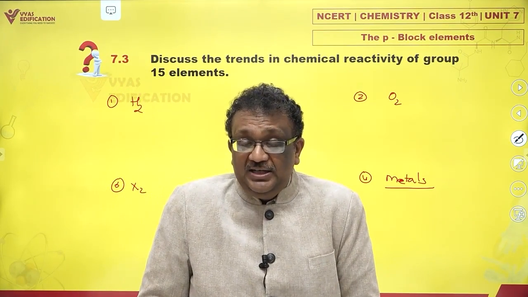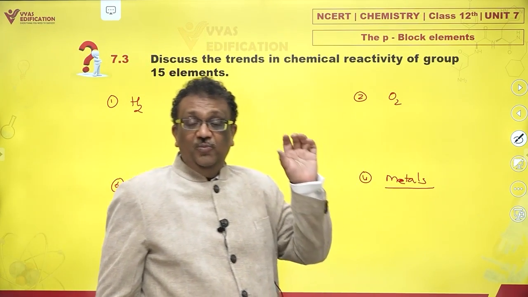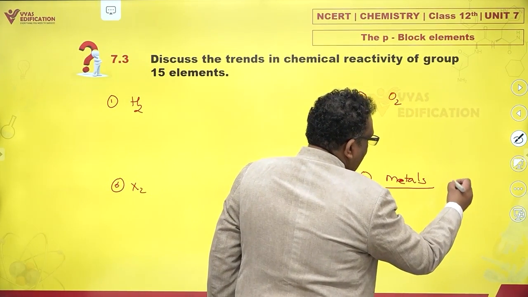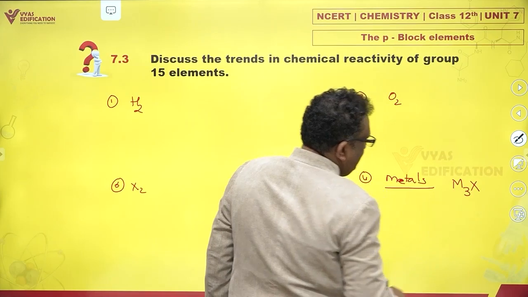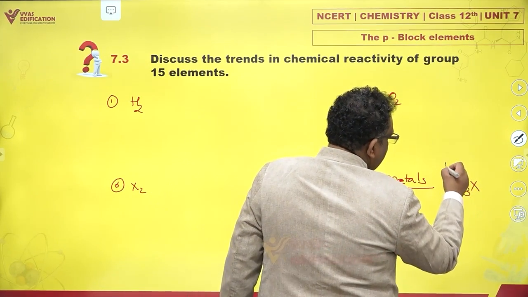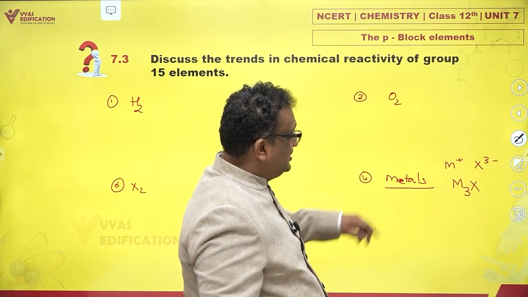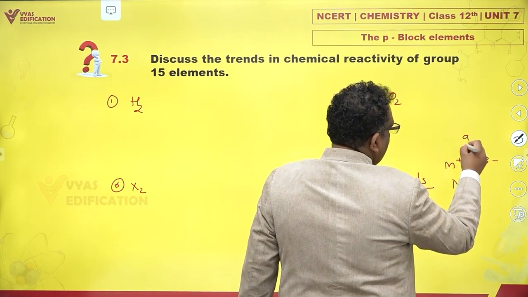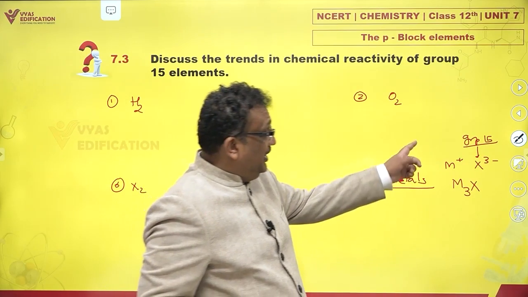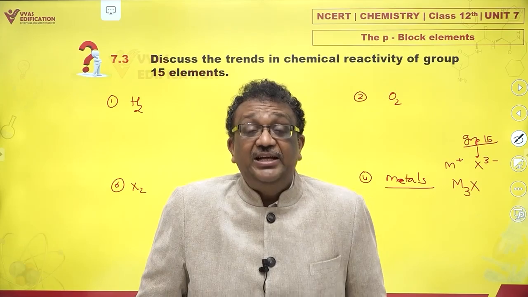If you are examining the reactivity of group 15 with metals, typically they tend to form M3X, where metal is +1 and X is -3. X is not halogen. X is a group 15 element. So typically they form a tri-negative anion.